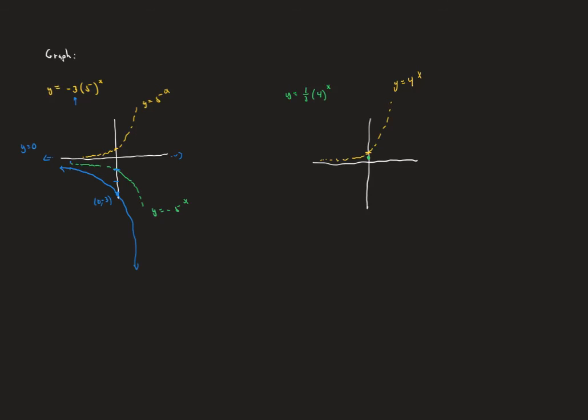In particular, this one that was at 0, 1 is now going to be at 0, 1/3. Every y value is going to be 1/3 the height that it was before, and so it's going to kind of flatten that curve a little bit, but it does not change the horizontal asymptote, which remains y equals 0. Very good.